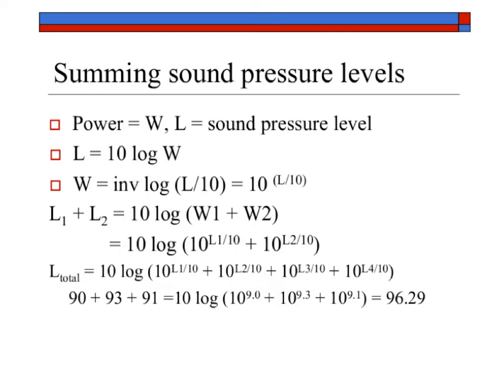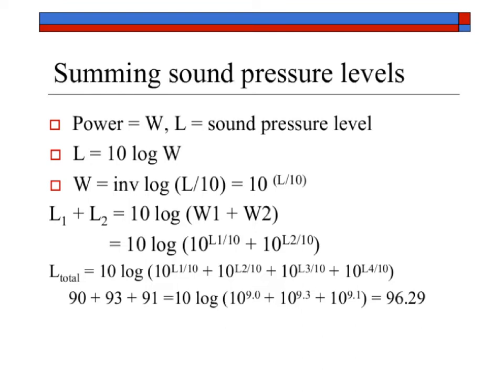L1 plus L2 is 10 times the logarithm of 10 to the L1 over 10 plus 10 to the L2 over 10. We can generalize this to any number of sound levels added together. The total sound pressure level is 10 log of 10 to the L1 over 10 plus 10 to the L2 over 10 plus 10 to the L3 over 10 plus 10 to the L4 over 10 plus however many levels you have that are being added up.